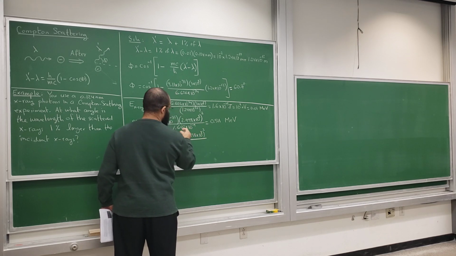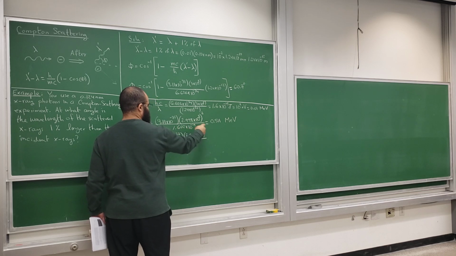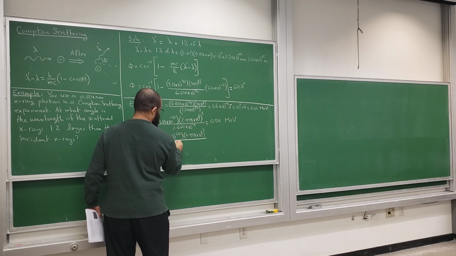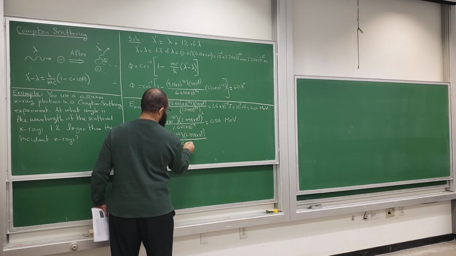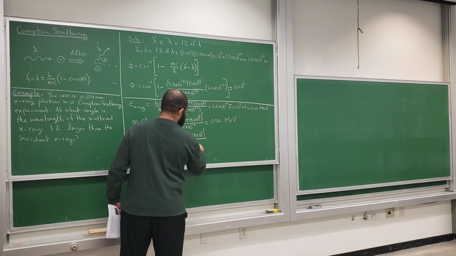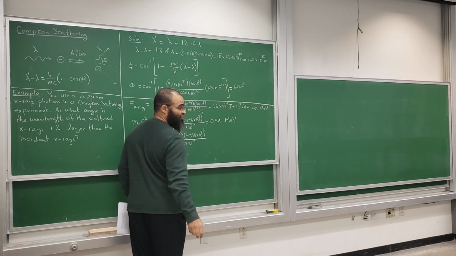Divided by, because I want electron volts, and then we change it to MeVs, we need to divide by the charge, I mean, the numerical value, 1.602 times 10 to the minus 19. So this is 1.602 times 10 to the minus 19 joules per electron volt.